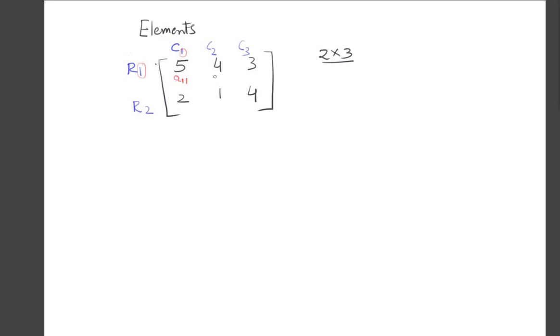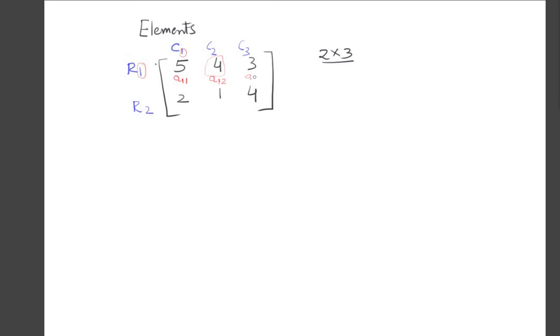Now, what would be this number? What is the row number? For this element here, row number is 1. What is A12? Awesome. So that's A12, column is 2. What is this? Come on, give me this one now.